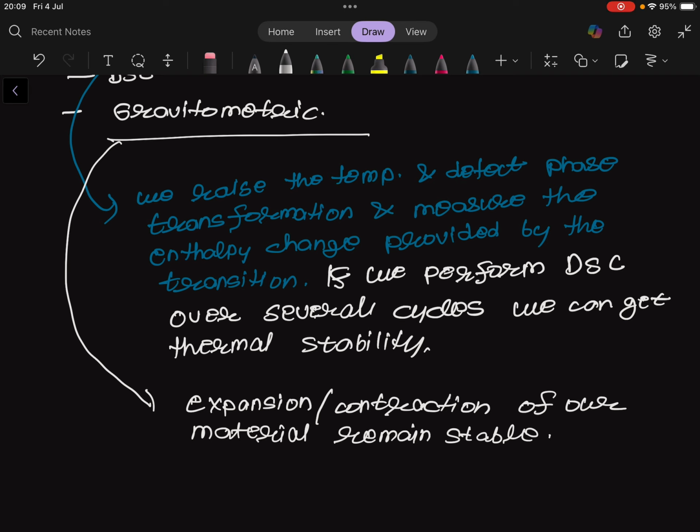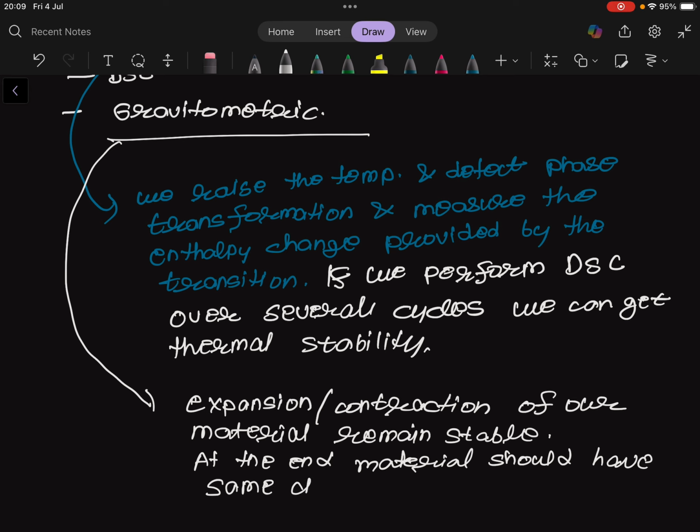And if at the end our material has the same characteristics which it had at the beginning.